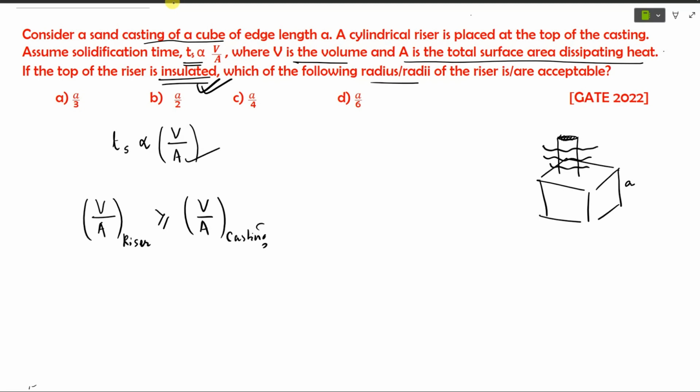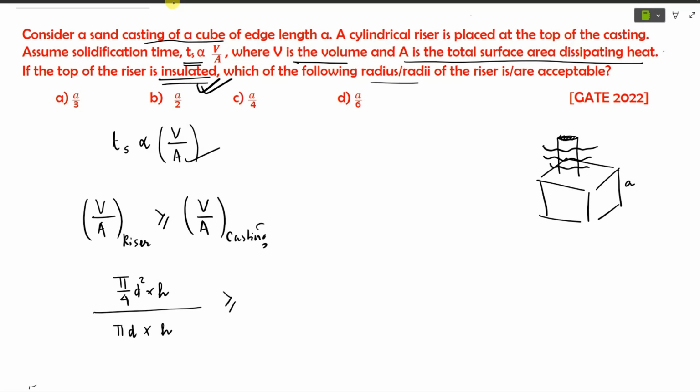Now if we put the given data, so for riser is actually cylindrical in nature, so what would be the volume? So it is pi by 4 d square into h, which is volume of the cylinder, by, if we consider the effective heat dissipation area, it's only the curved surface area, it's nothing but pi d into h, and that should be greater than equal to volume of the casting.